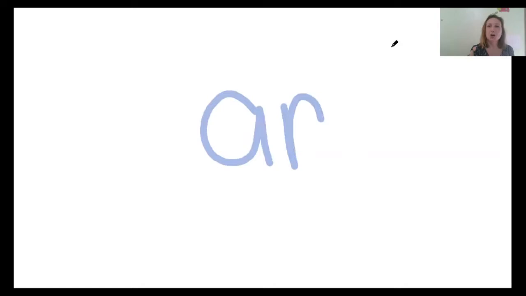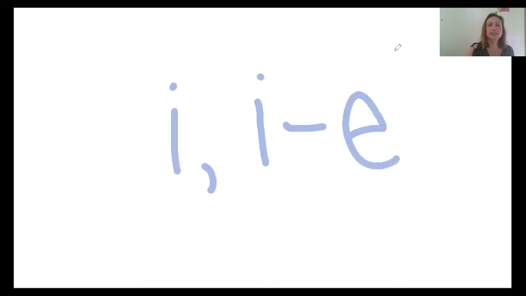A-R. We said that's an R-controlled vowel, or the bossy R. That R takes over that vowel sound. Next, two ways to write I. And what two ways do you know? I or I, consonant, E. Both of those say I.